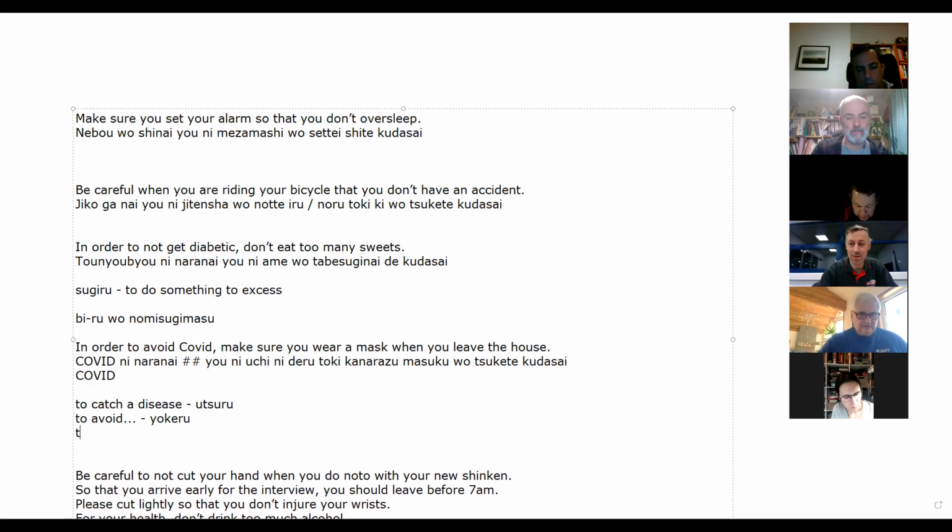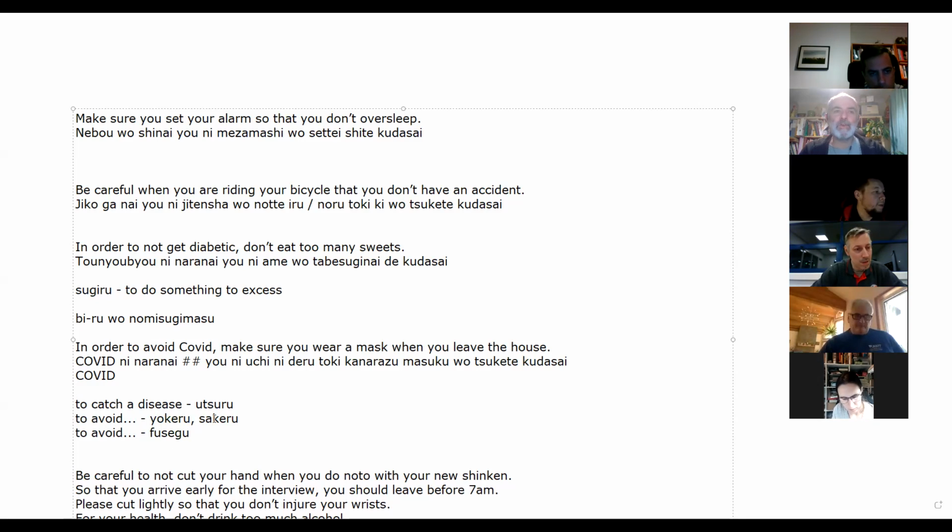Jisho says that's to defend against or protect against. Or to avoid is sakeru. So what was the other one you said? Fusegu. Okay, thank you.